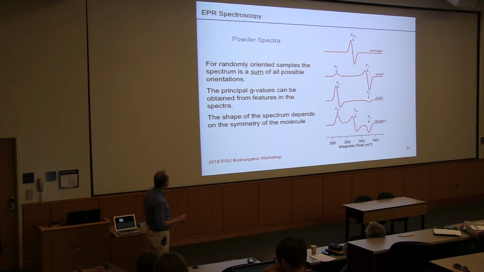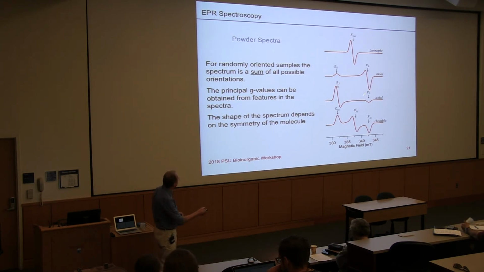If we have an axial system, this is when we have two G values the same and one different. If the different G value is larger, then you'll get a peak on the left and this positive negative feature at higher magnetic field. If the relationship is the other way around, if the two G values which are the same are larger, then you get this shape where the positive negative feature is on the left, and then we get a negative going trough on the right-hand side.